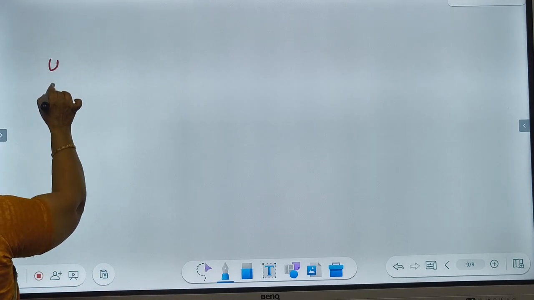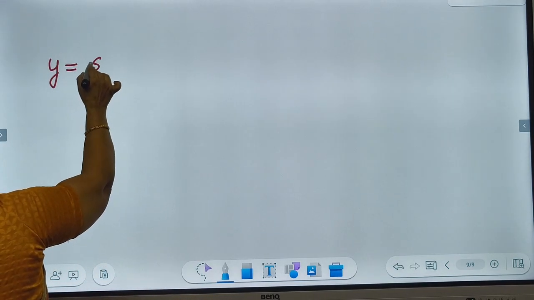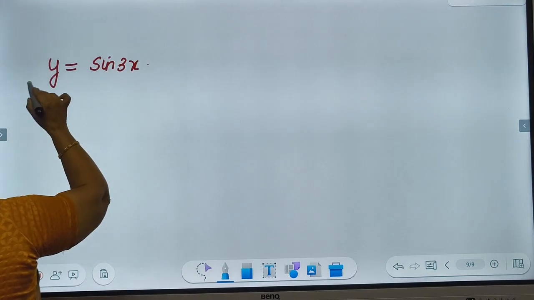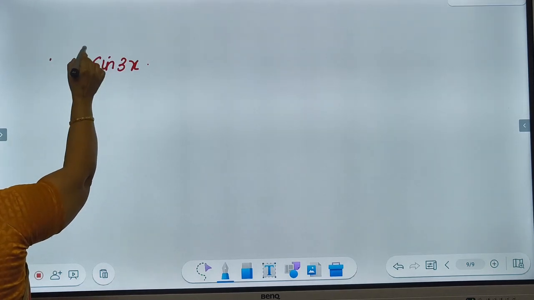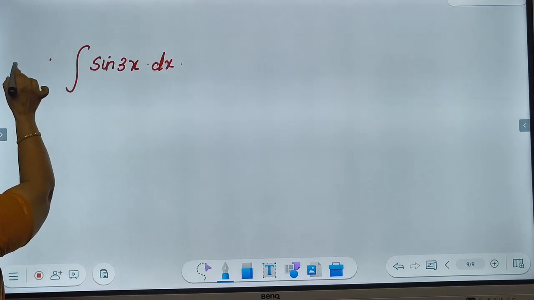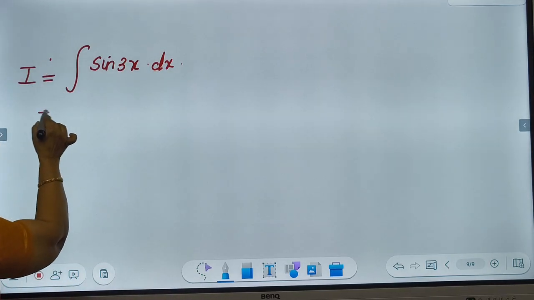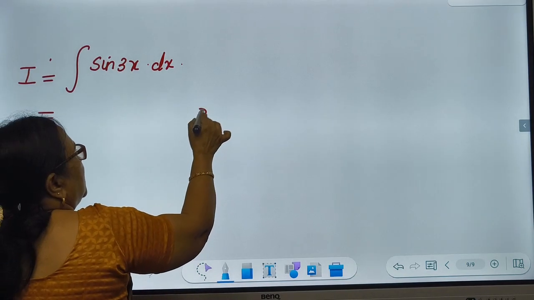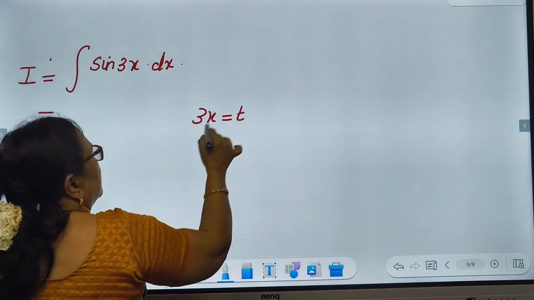Now, if you take y equal to sine 3x, suppose I want to find the integral of sine 3x dx. Let me call this I. I am going to put 3x equal to t.